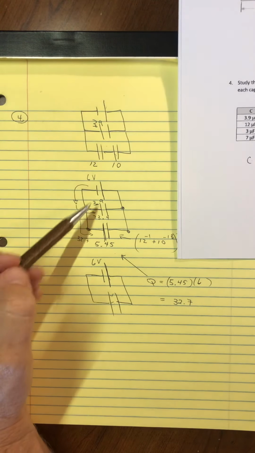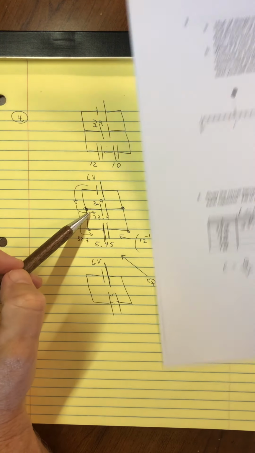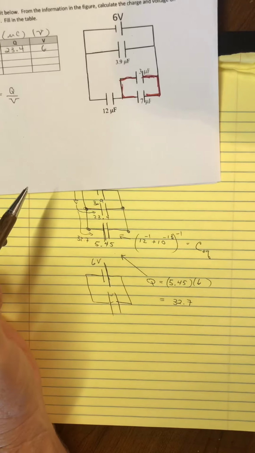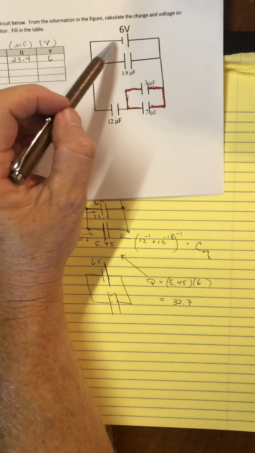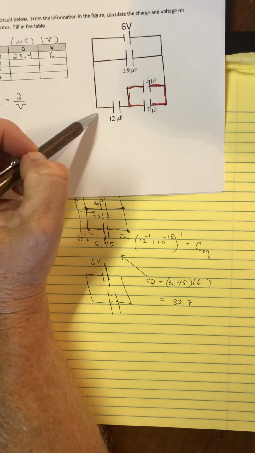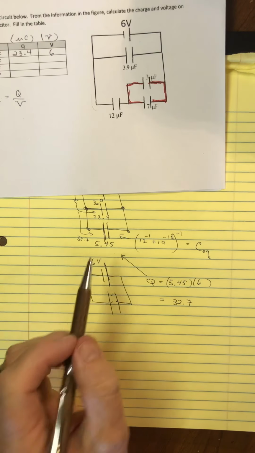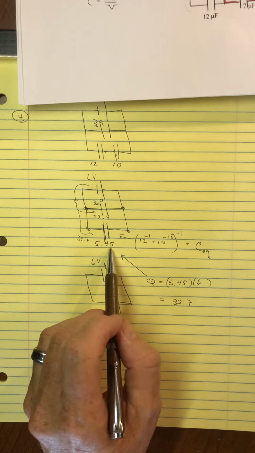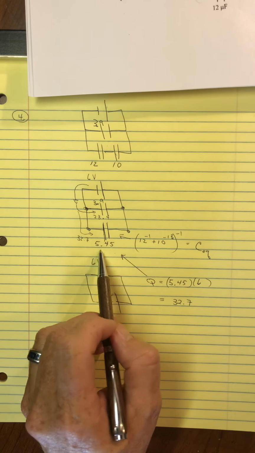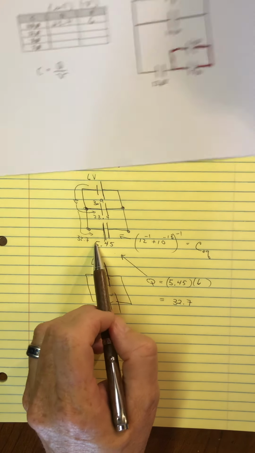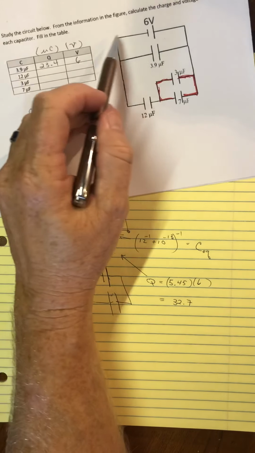And if you take this circuit, the equivalent of the equivalent, and you come back to the original one, what you're saying then is that the charge would come out of here and go right onto the 12. And so what I've calculated is the charge on this equivalent one as 32.7, but coming back to the real circuit, that would tell me that that's what went on the actual 12.